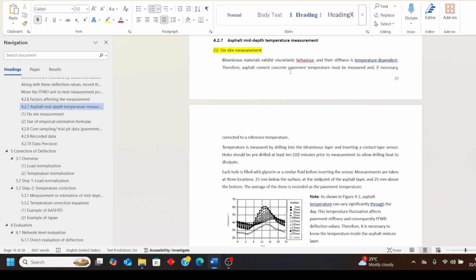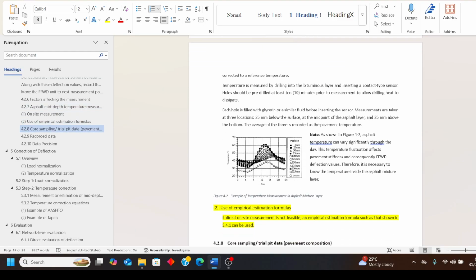And then measure at three depths: 25 millimeters below the surface, the midpoint of the asphalt layer, and 25 millimeters above the bottom of the asphalt layer. Then we take the average of the three. This is the mid-depth temperature.